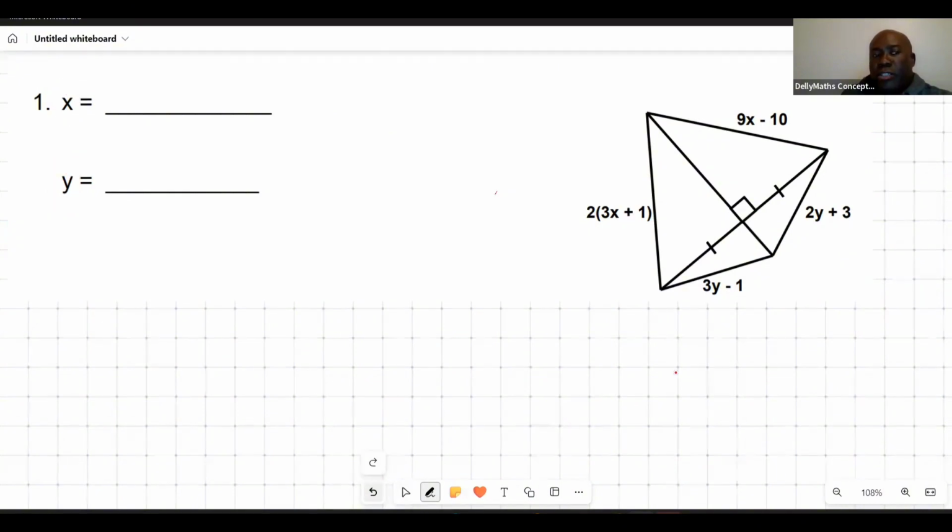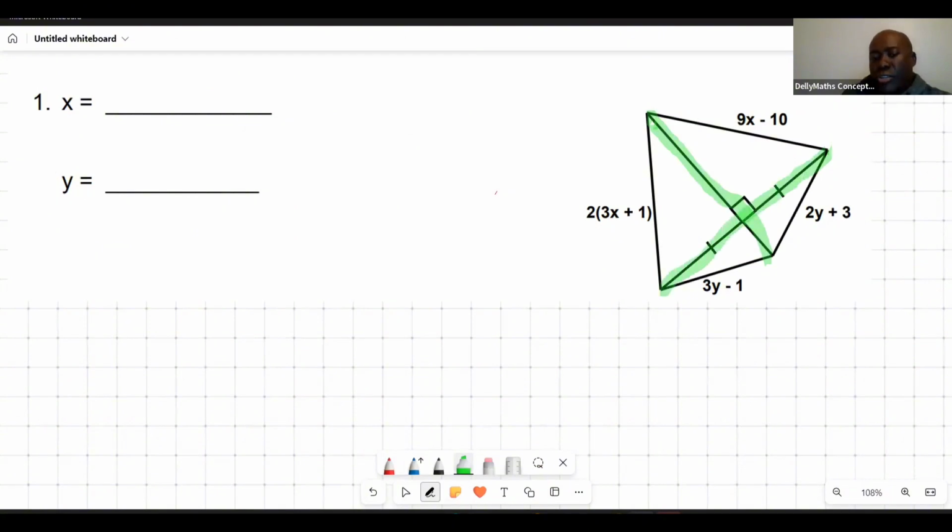Now, the conditions that we have, as you can see, we're looking at triangles over this side. What stood out is the fact that this line segment here is a perpendicular bisector of this line.